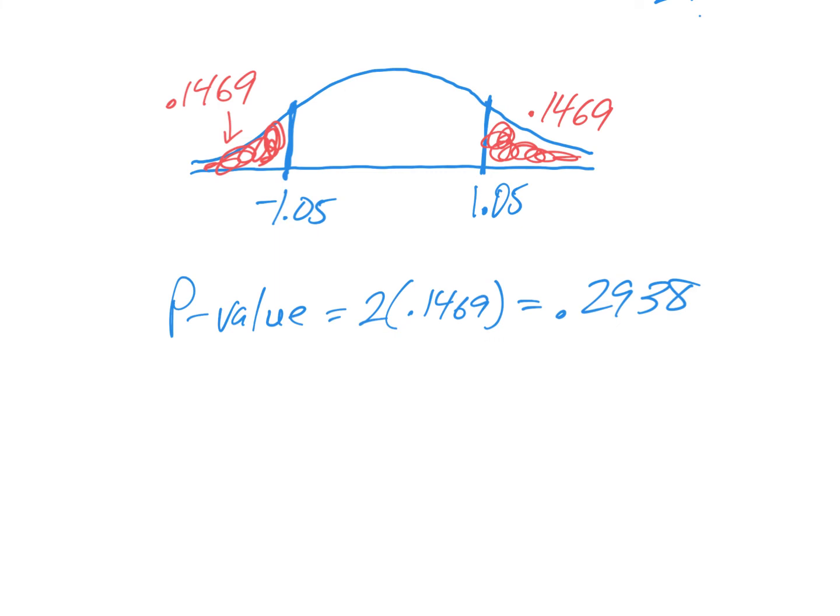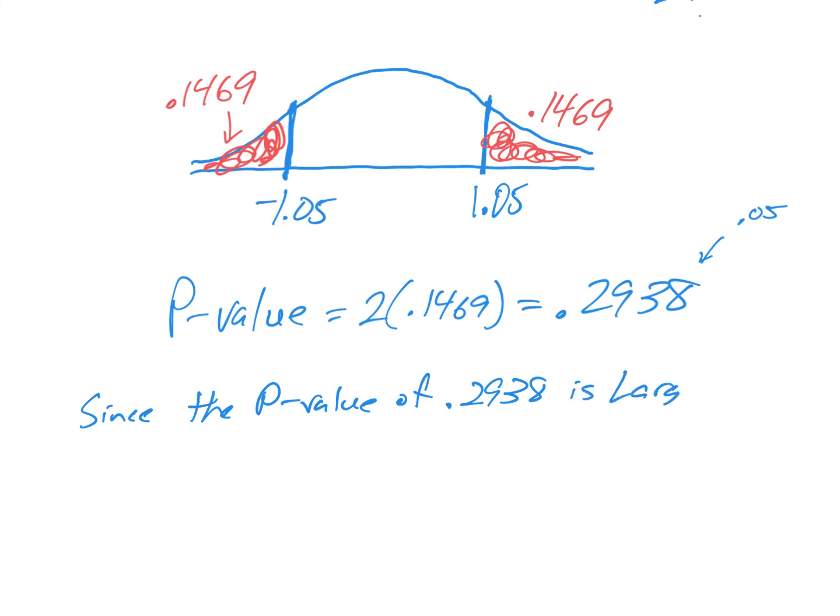So our first statement, remember, we're comparing this to the 0.05 significance level, and we can definitely see that it's bigger. So you will say, since the p-value of 0.2938 is large, we fail to reject H naught.